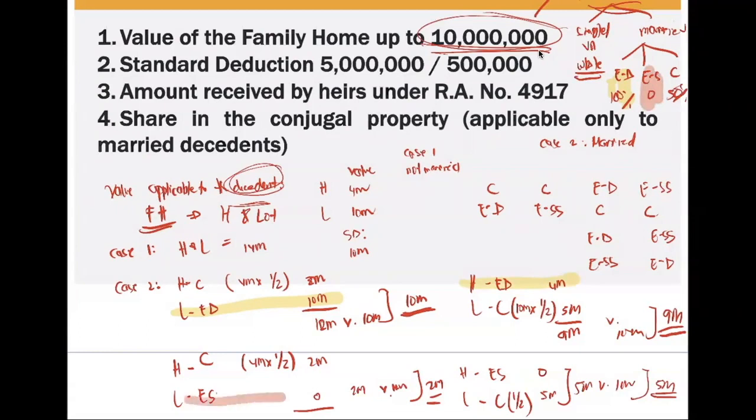Conjugal, 1/2. Those are the rules if they are married. Okay? If unmarried, 100%. Even if it is 14 million, you compare it only to your 10 million cap. You can only deduct 10 million. Clear? Value of family home.